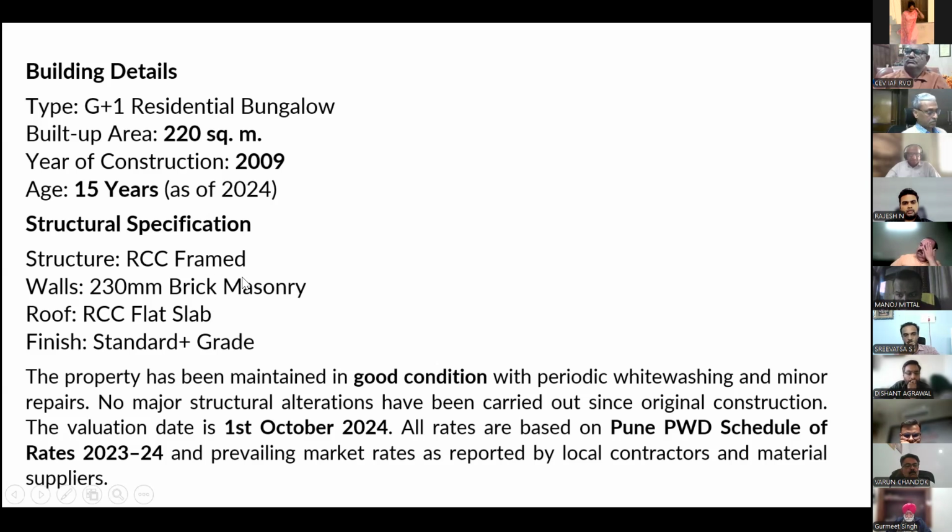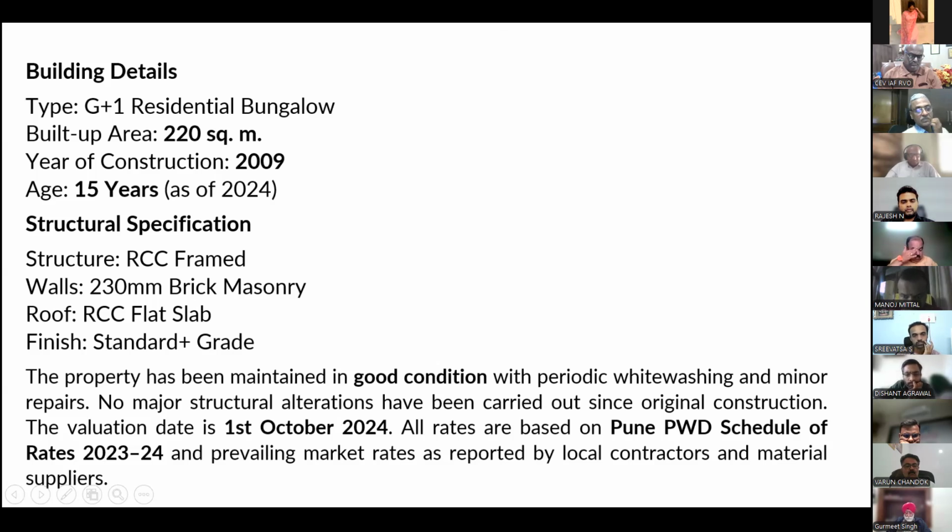Then structural specifications: structure is RCC framed structure. Walls are 230 millimeter brick masonry. Roof is RCC flat slab. Finish is standard plus grade. The property has been maintained in good condition with periodic whitewashing and minor repairs.